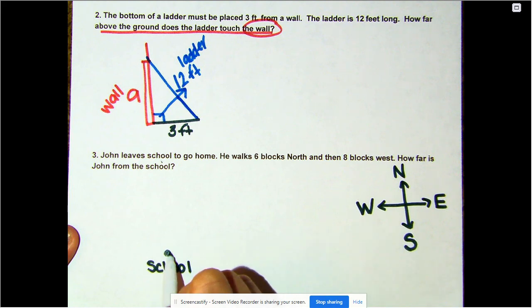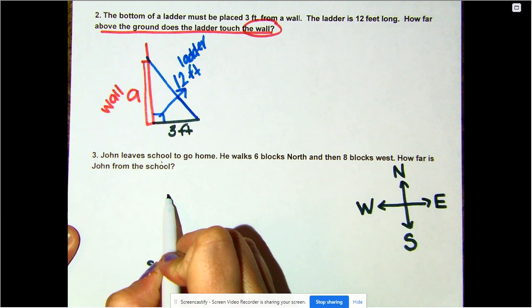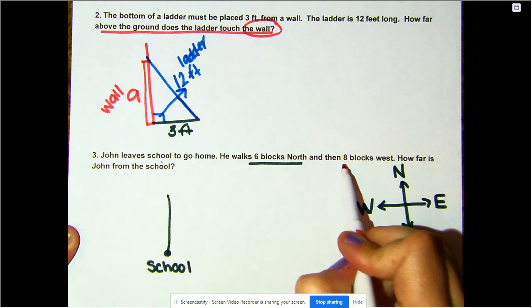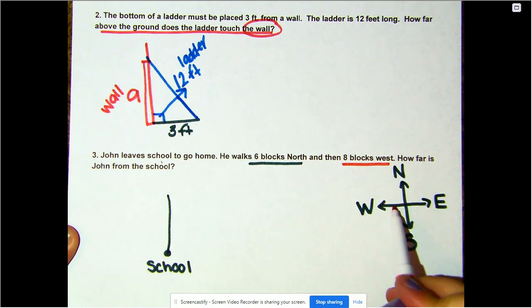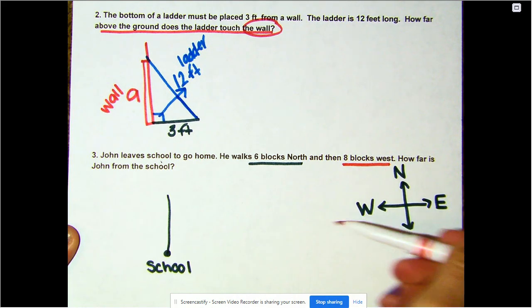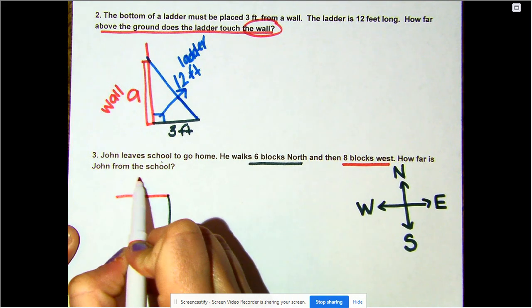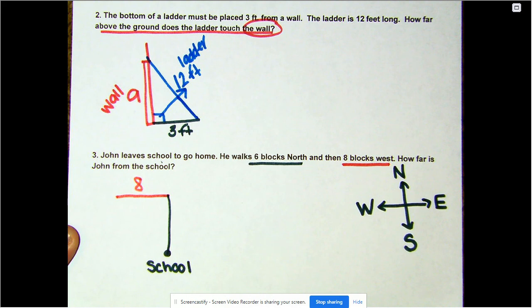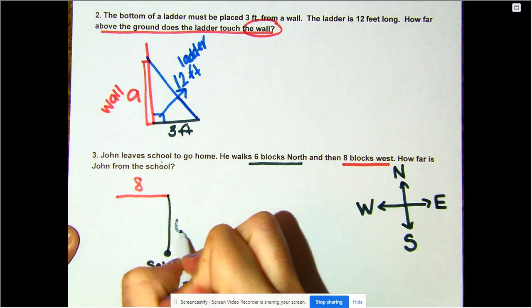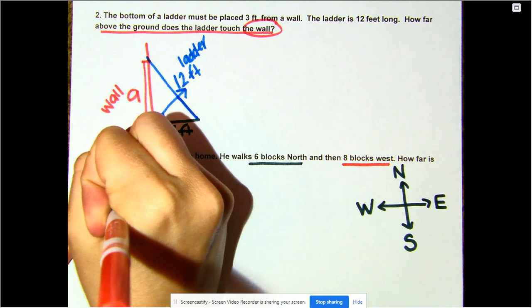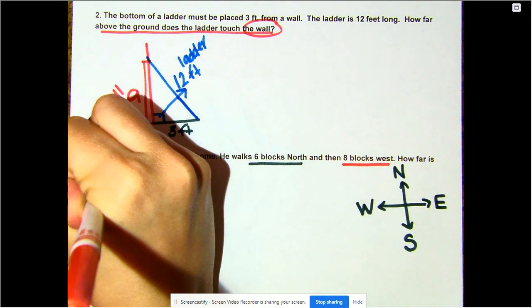So from the school, he walks 6 blocks north, and then 8 blocks west. If I look on my compass, west is going to the left. So from here, he walks 8 blocks west. Put the number 8 there and the number 6 there for north. That means this part here must be school.